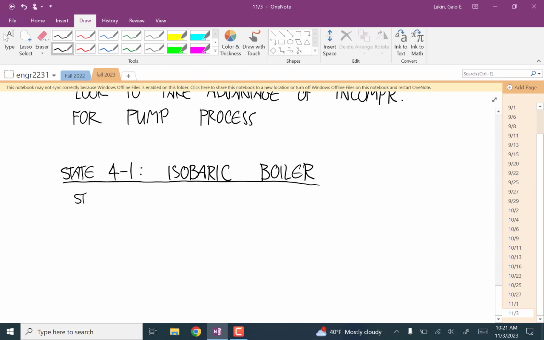We're going to assume this is steady state, that potential energy and kinetic energy don't change, and also this is rigid, so there's no work. So the change in potential energy, the change in kinetic energy, and W dot are all 0.